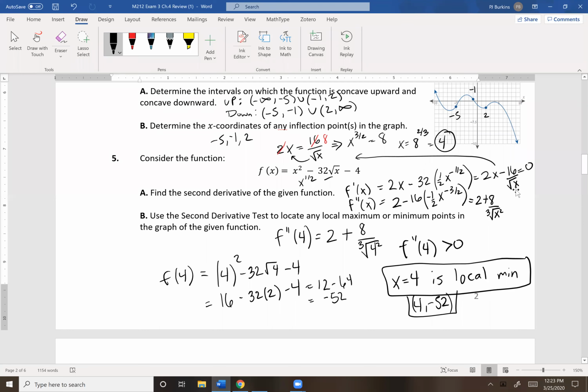However, I had to take another derivative, so I had to go back to this form. So this is now really negative 16x to the minus 1/2. You would bring the negative 1/2 down, subtract 1 from the power, and it becomes negative 3/2. And then again, you put that.